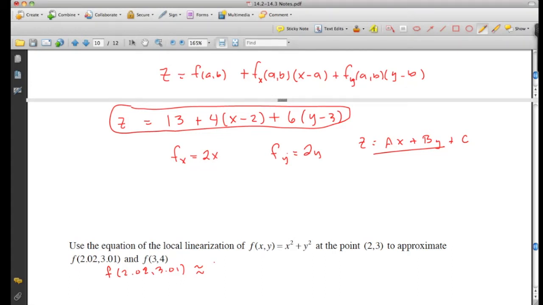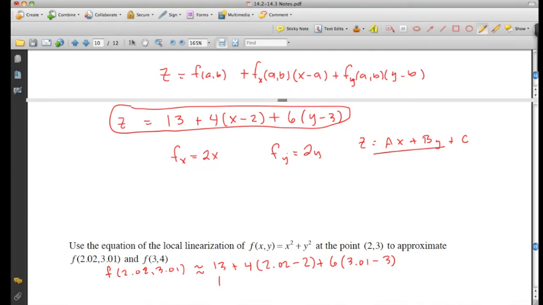So 13 plus 4 times, I'm going to use this x, 2.02, minus 2, plus 6 times the y coordinate 3.01 minus 3.